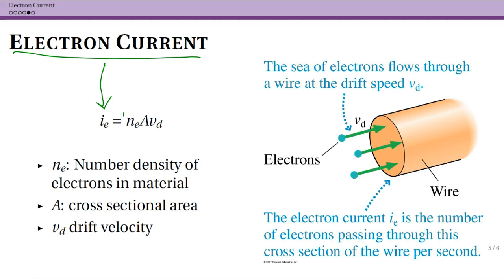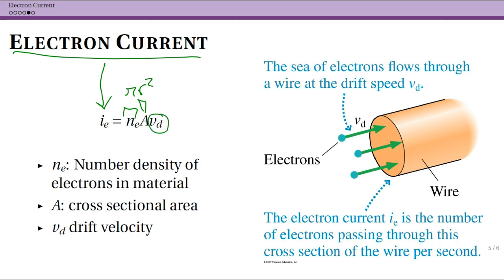So that's the number density of electrons in a material, and then the cross-sectional area of whatever you're talking about. For instance, if this is a circular wire, this could just be pi r squared, but this could be a square cross-section wire, whatever you want. And then we have that drift velocity.